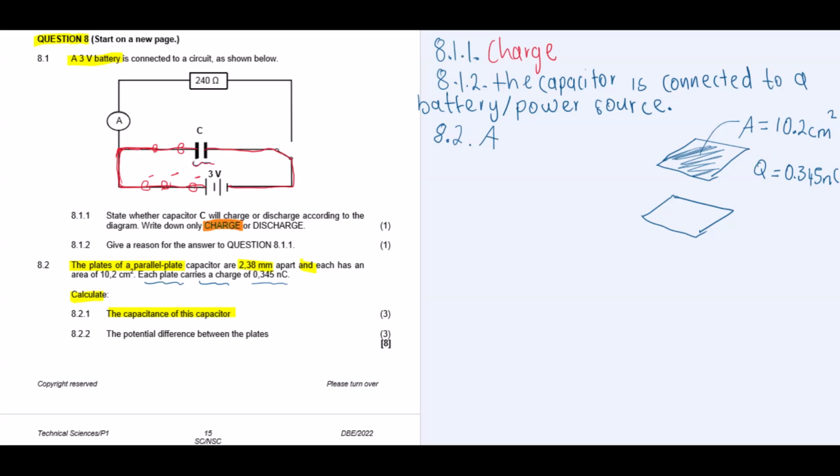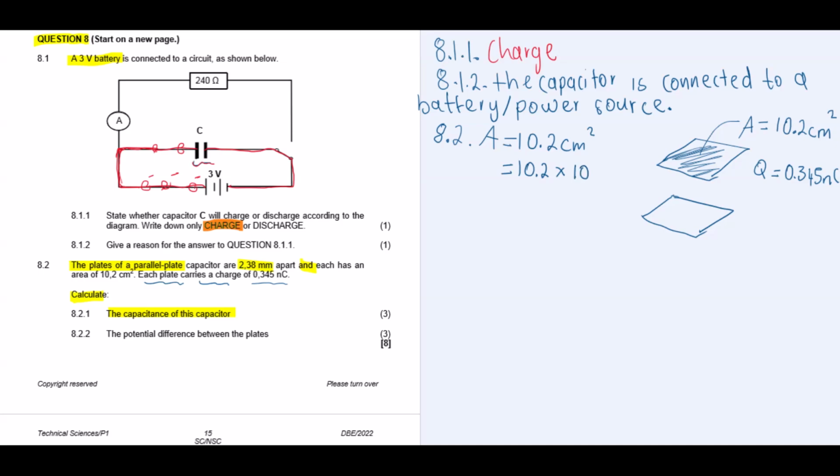So according to the information that we are given there, do we have the area? Yes, we do have the area. It was 10.2 centimeters squared. If the area is given in centimeters squared, we will quickly convert it by multiplying by 10 to the power of -4, right?